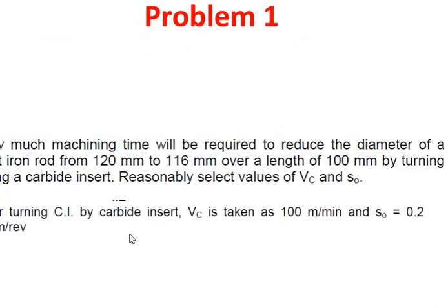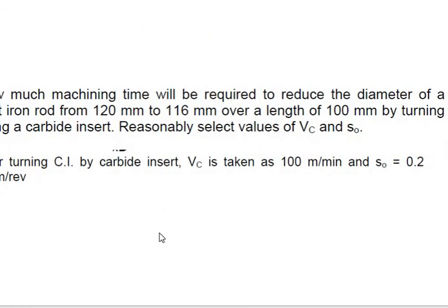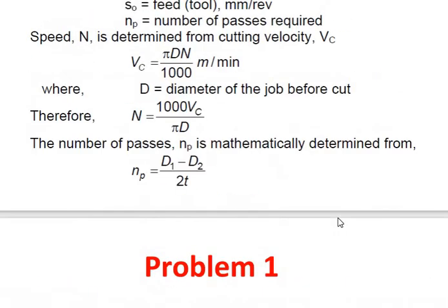Problem 1: How much machining time will be required to reduce the diameter of a cast iron rod from 120 mm to 116 mm over a length of 100 mm by turning using a carbide insert? Reasonably select values of Vc and So. What is Vc?